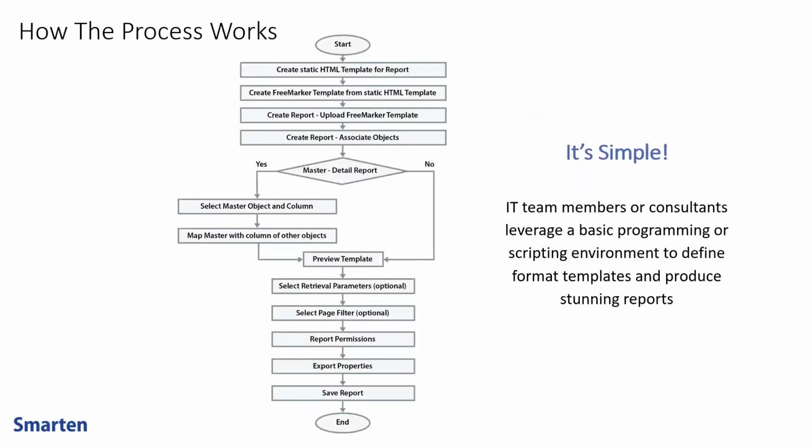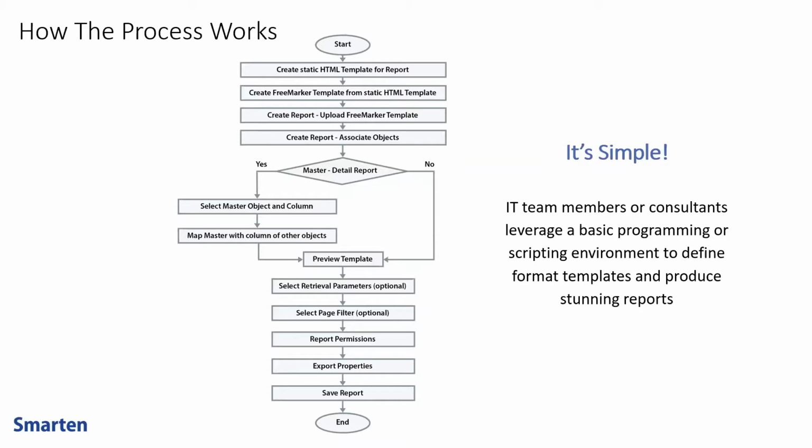The process is pretty simple. As I said, it is something where you will need some technical hands, at least technical people with basic JavaScript skills. So you create a static HTML template. We have used the FreeMarker template engine, which is very popular, and it's very lightweight as far as the JavaScript capabilities are concerned.